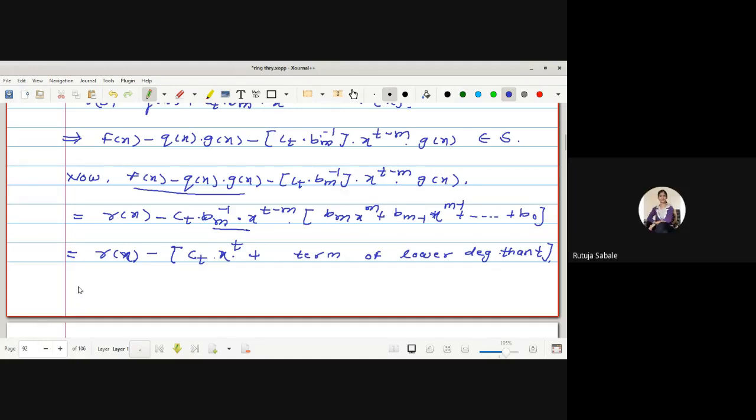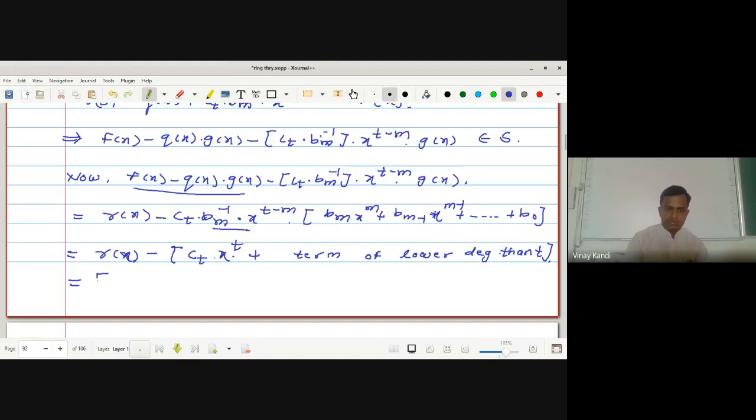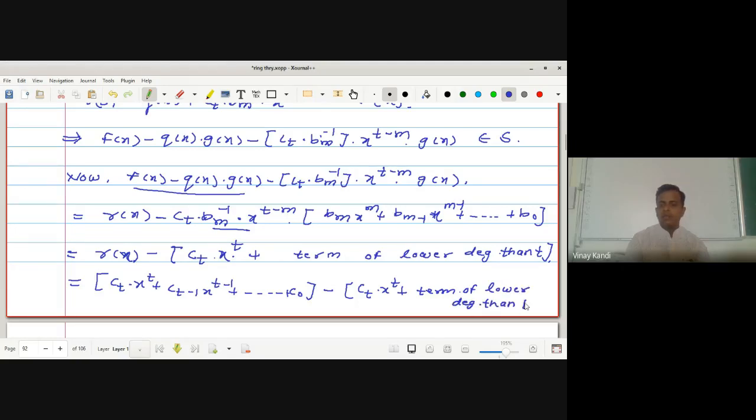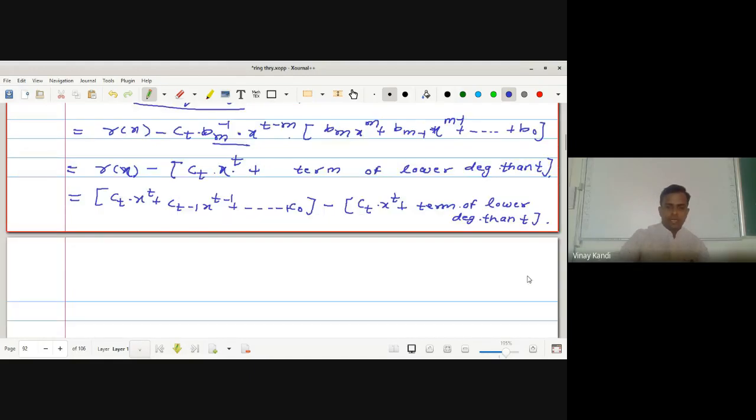No, sir. Which is equal to, what is the r of x? Ct into x raised to t plus Ct minus 1 into x raised to t minus 1 plus up to so on C naught. This one is minus Ct into x raised to t plus terms of lower degree than t. Now it's a subtraction का येईल. These terms get cancelled.